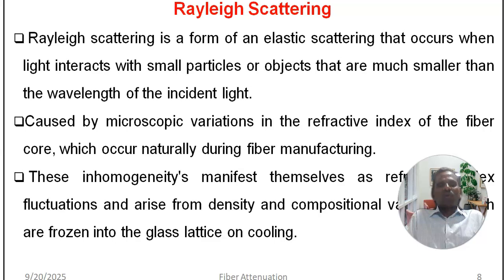This inhomogeneity manifests itself as refractive index fluctuations and arises from density and compositional variations which are frozen into the glass lattice on cooling. Because the fiber is made of glass, sudden cooling takes place, and because of that there will be a compositional variation in the glass lattice.